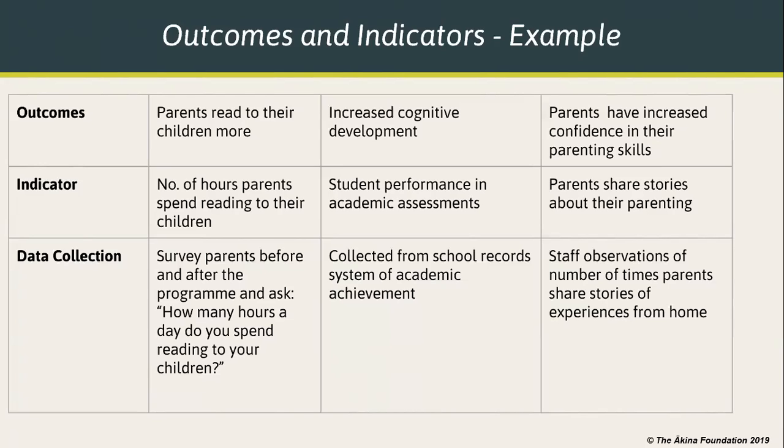So if parents are sharing their stories, that is a clue to us that they're more confident in their parenting skills. So the way we can observe that, the way we can collect that data is through the staff observing those changes in the parents and recording the number of times the parents share stories of their experiences from home.